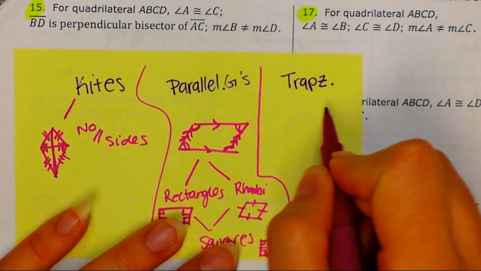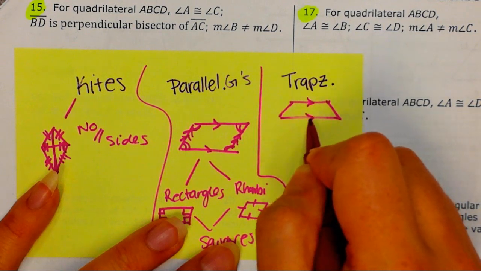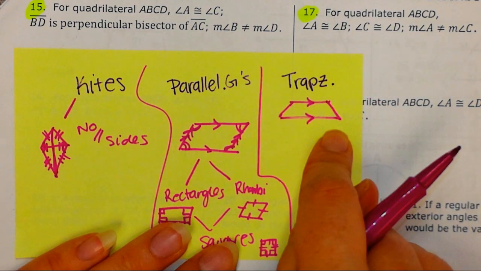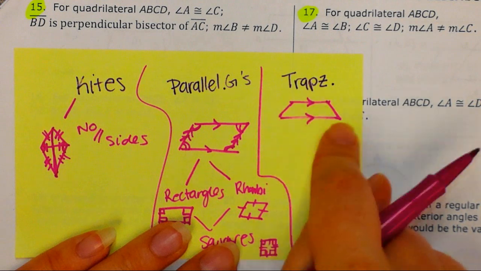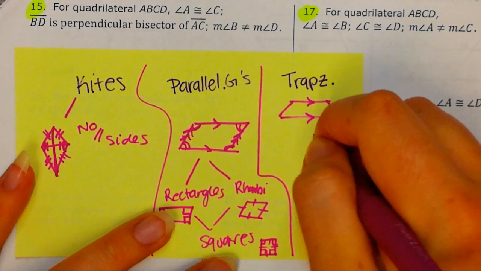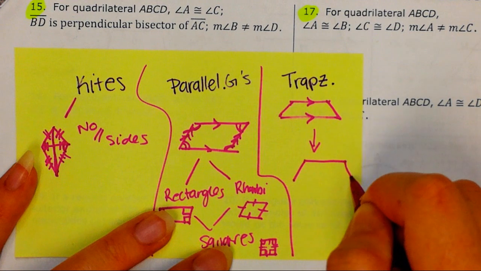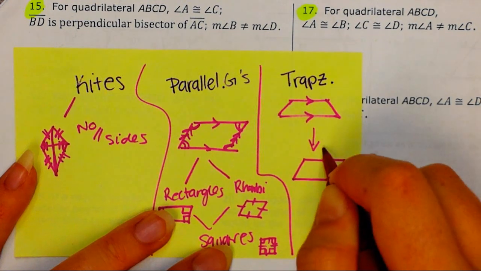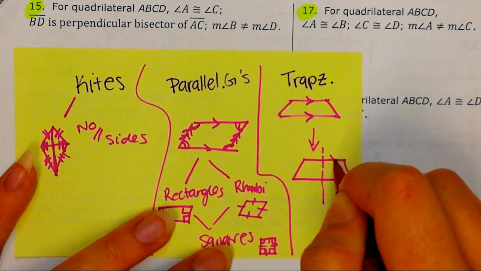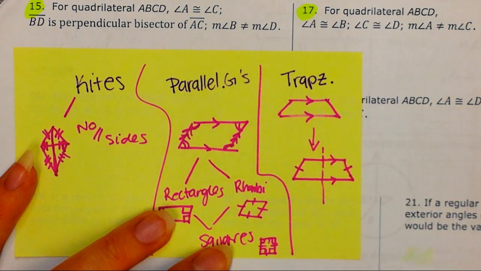On the other hand, trapezoids, they have one set of parallel sides and only one set of parallel sides. In general, that's mainly the only property that trapezoids have. However, if you have an isosceles trapezoid, which means that it has a line of symmetry down the middle, that means that these two legs are congruent.